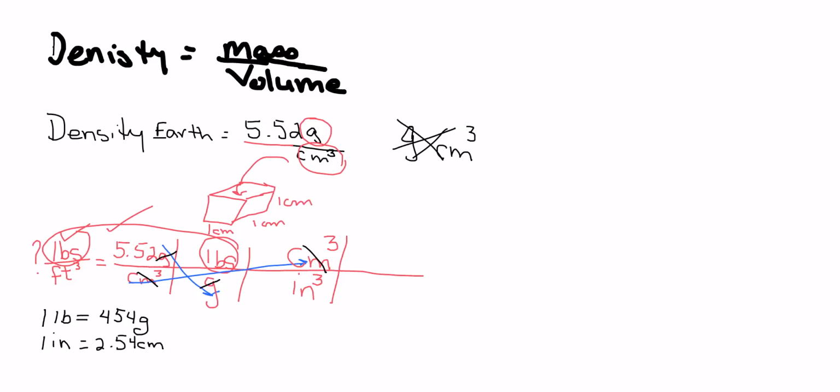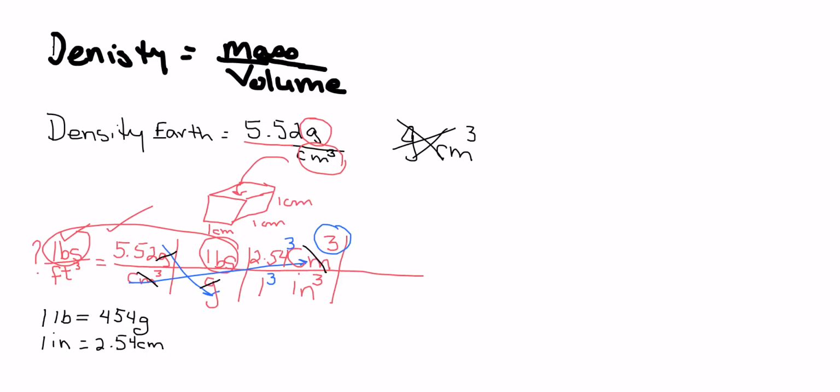It's 1 to 2.54. And because it is cubed, I cube the numbers, the linear relationships. So it's like saying 1 times 1 times 1, inch cubed, is 2.54 on one side, 2.54 on the other side, 2.54 on the other side of the cube, centimeter cubed. So what do I have? I have inches now. I have inch cubed, excuse me.